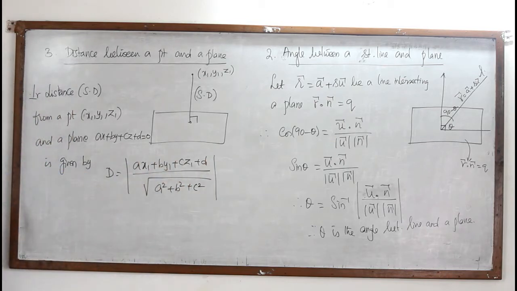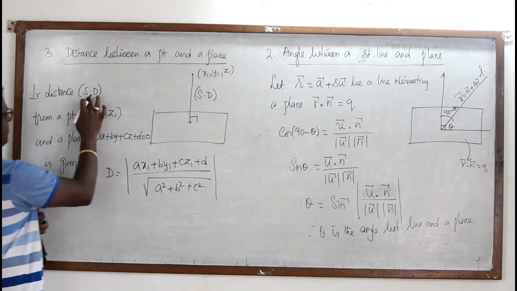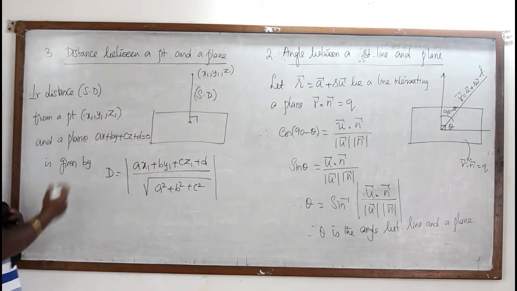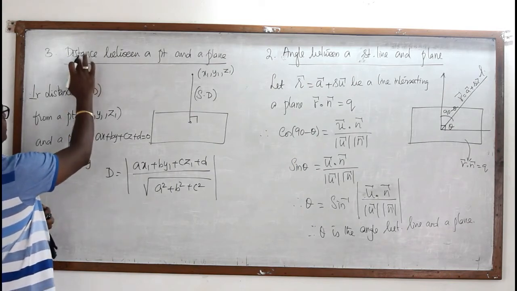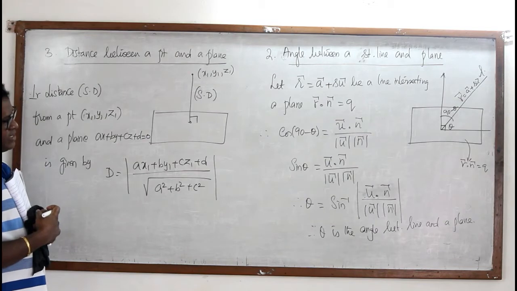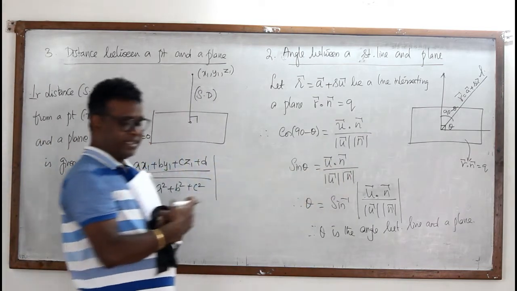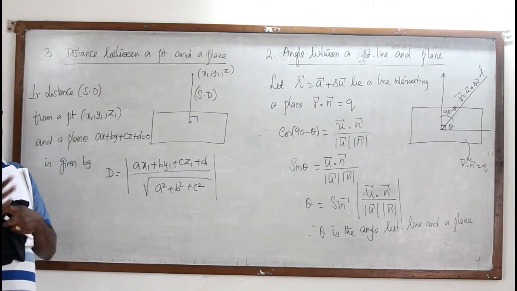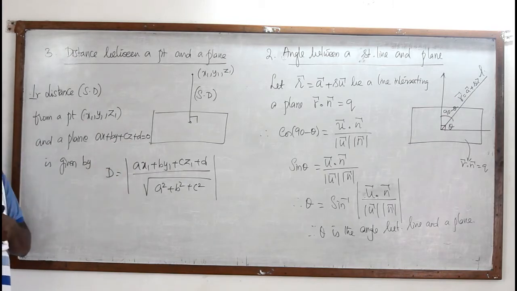We know this already with a line and a point; here it is a point and a plane. This distance will always be perpendicular, so it will always be the shortest distance. So this is the formula to find the distance between a point and a plane. Listen here, whenever we talk about angles, we go for the vector method, and whenever we study distance or equations, it is better to use Cartesian form, which will be easy for us to study.